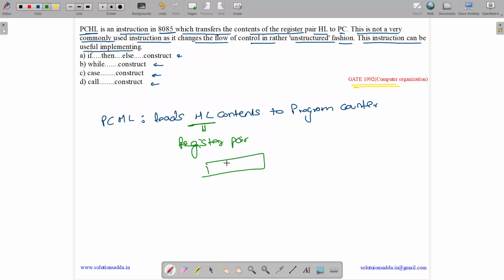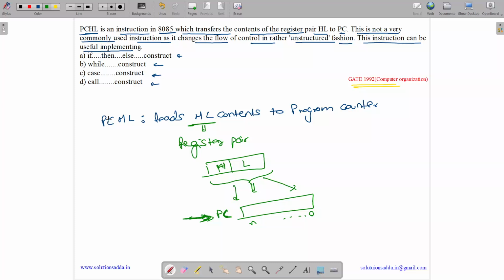We have an H register and an L register having some data in it. So we load this data into the program counter such that the lower order bits will have L data and the higher order bits will have H data. So what is a program counter? Program counter stores the address of the next instruction to be executed.